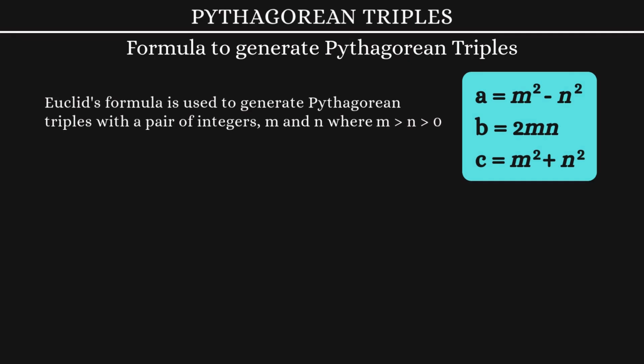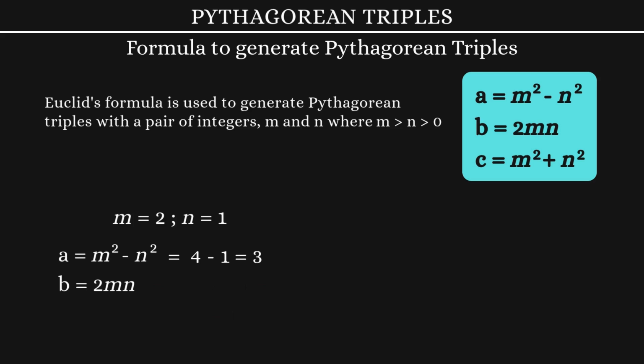So let's consider our first example. M is equal to 2 and n is equal to 1. These are the smallest integers that satisfy our condition. So let's find out. A is equal to m squared minus n squared, 4 minus 1, which is 3.